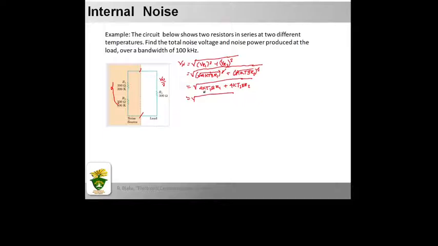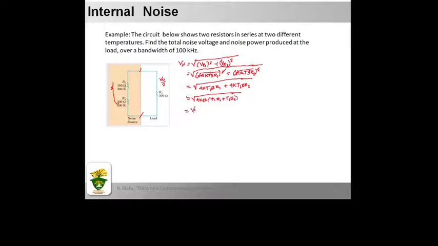What is common among the two? We have 4k and B. So 4kB times T1 R1 plus T2 R2.